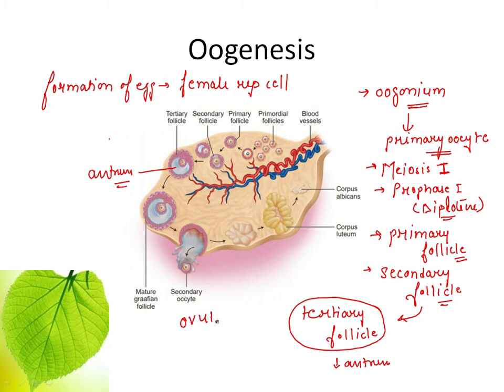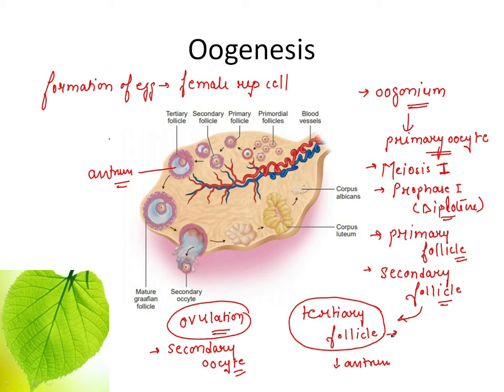Ovulation is a process where the secondary oocyte is released, where this secondary oocyte is formed at this level.